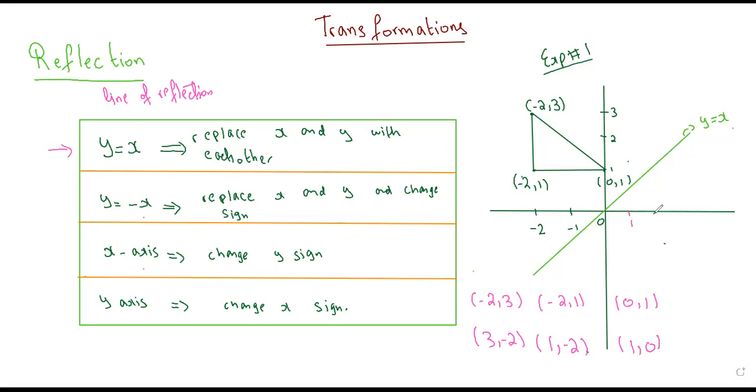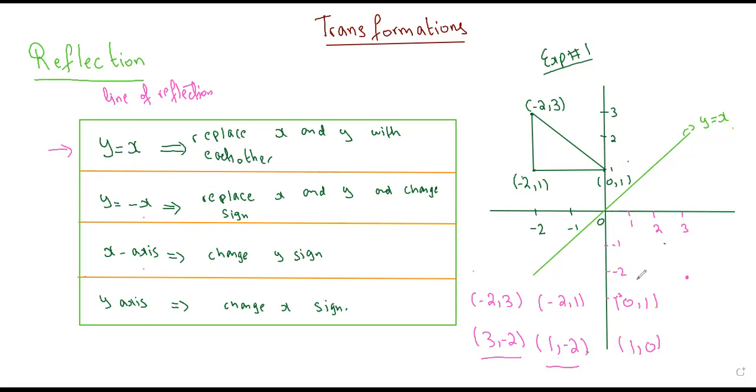So this is going to be 1, this would be 2, this is going to be 3, this is -1, -2, and then we have -3. Okay, this is the first point. 3, -2. So the x-axis has the coordinate 3 and the y-axis has the coordinate -2. This is the first point. Then it is 1, -2.